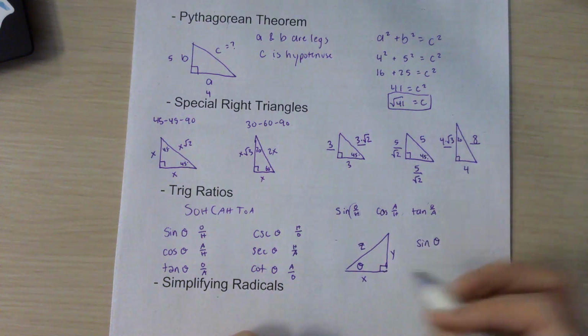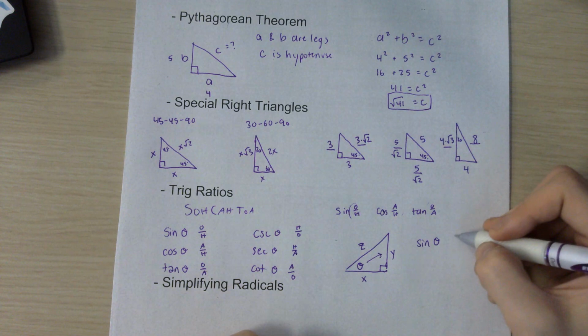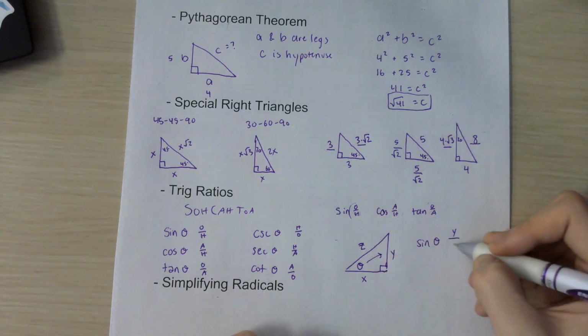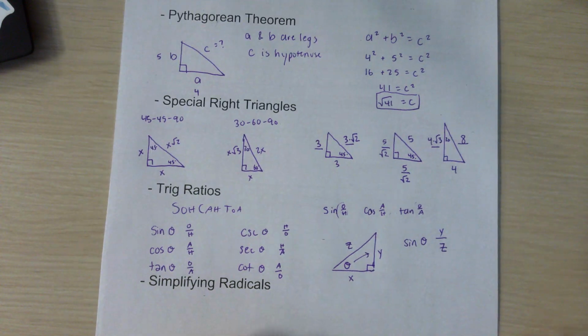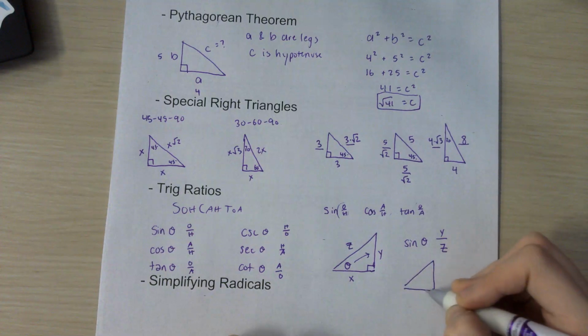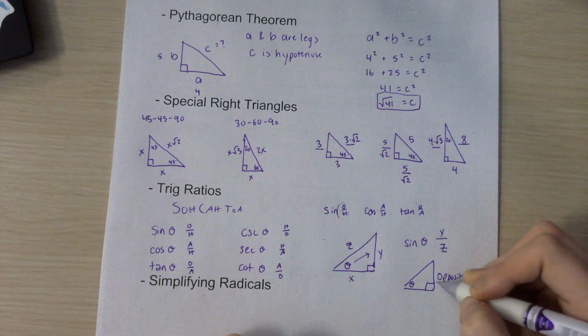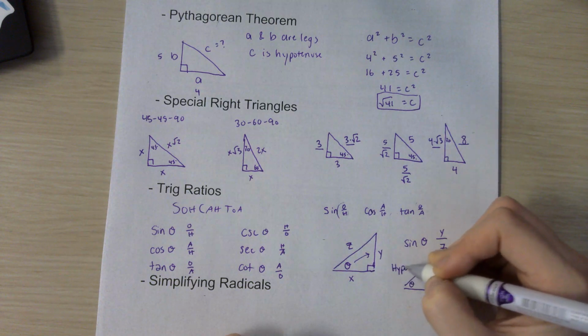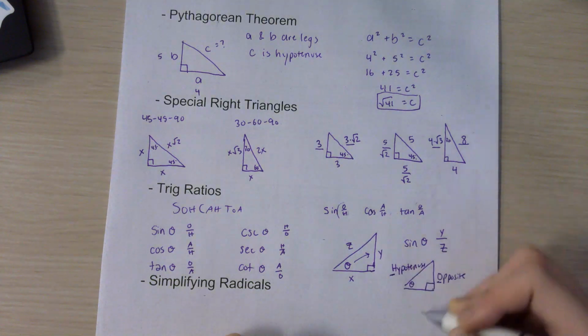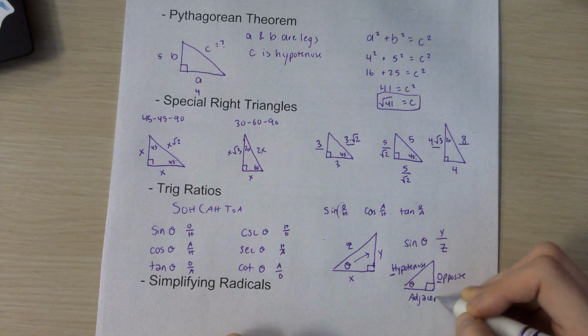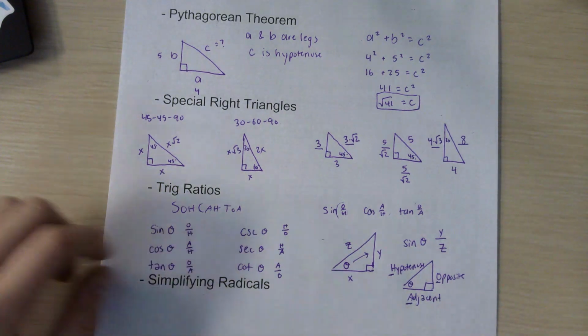Sine of theta would be the opposite, so y over the hypotenuse z, right? So I'm going to rewrite this triangle. This is our theta, this is our opposite. This is our hypotenuse. This is our adjacent. Right? SOHCAHTOA.